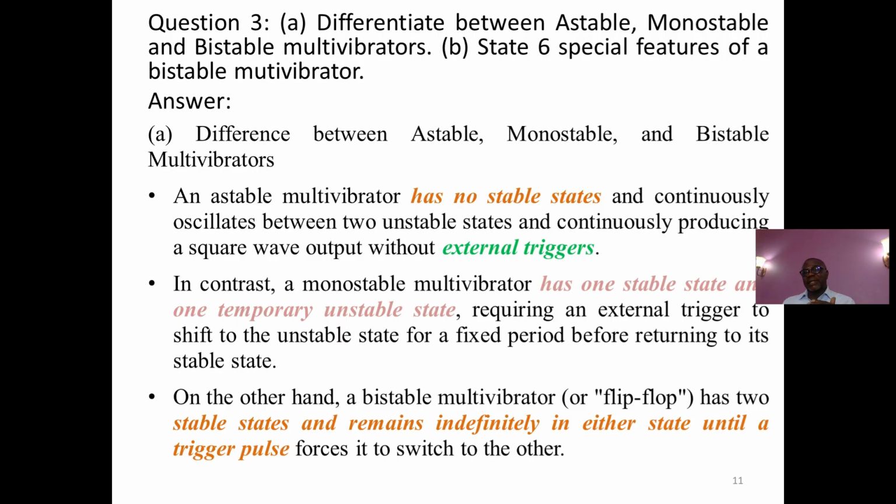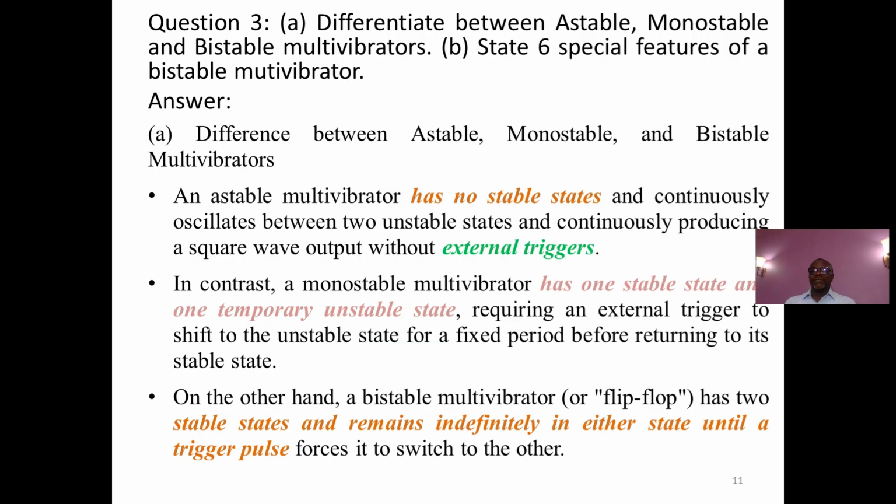So you see, there's a clear demarcation between them. The astable has two unstable states, and doesn't need a trigger to do that. It does that on its own.